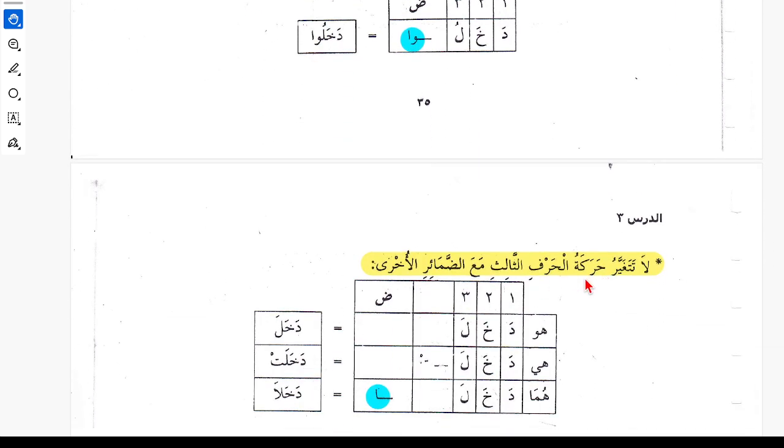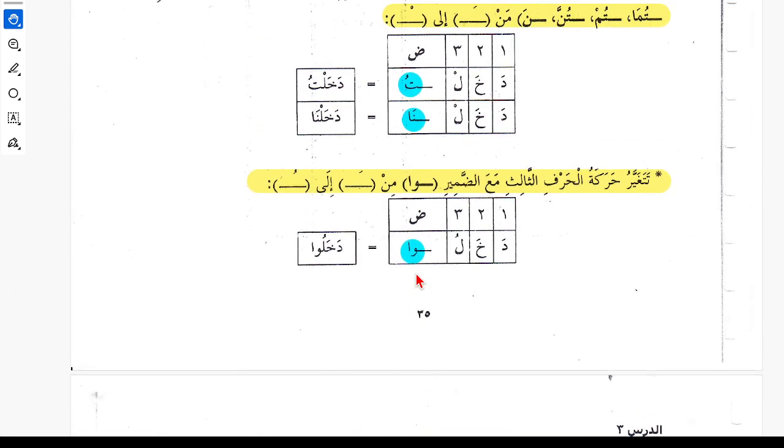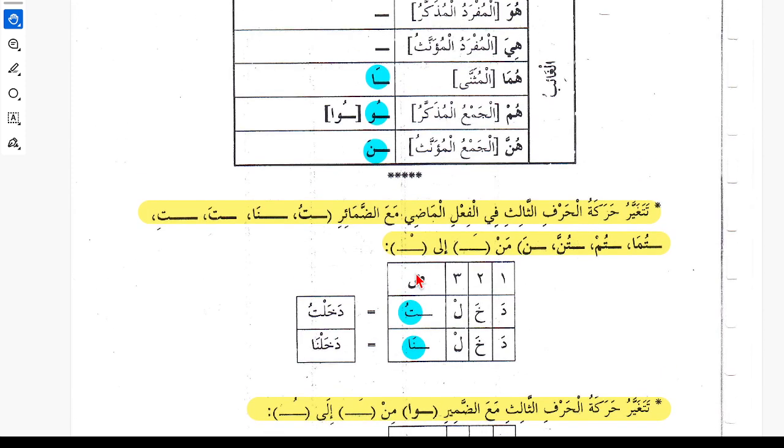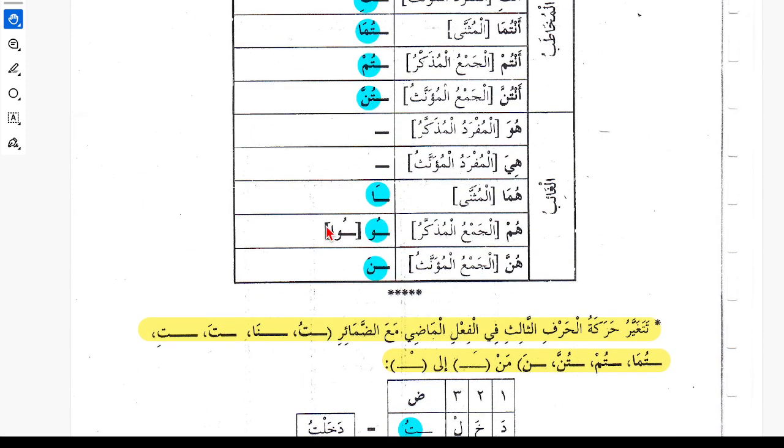And la tataghayyaru harakatul harfis-salis ma'a damairil ukhra. So for the remaining three pronouns, huwa, hiya, huma, the lam will continue to have the fatha sign. Just like huwa dakhala, hiya dakhalat. So dakhalat again has a fatha on the lam.